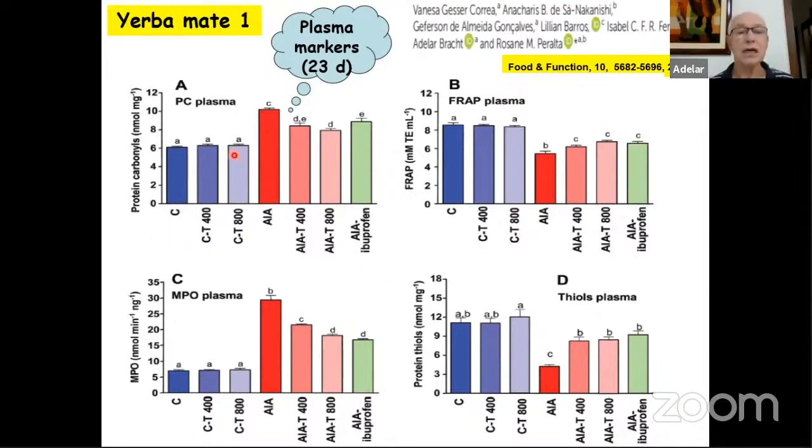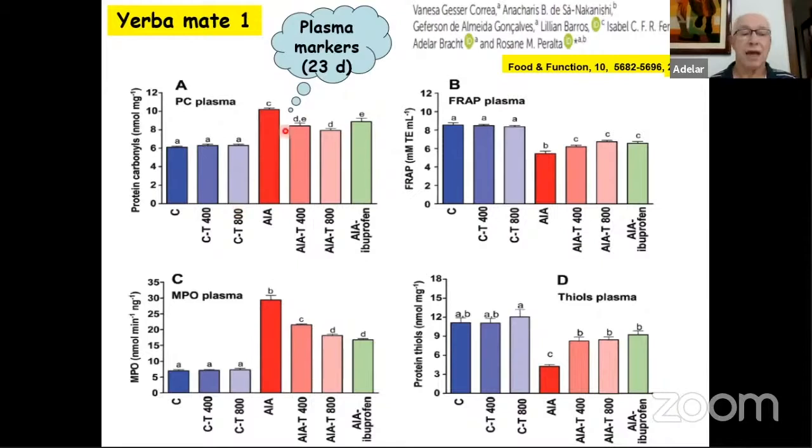You see here, it is important to use more than one dose of the drug. It is important to use appropriate controls, which is the normal rat, which was also treated with 2 doses of the extract.